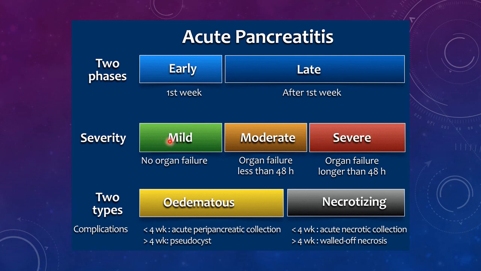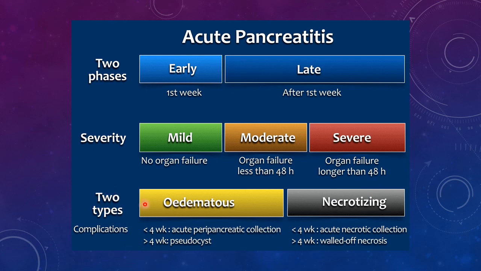Mild is when there's no organ failure, moderate when there's organ failure which recovers within 48 hours, and severe where the organ failure is longer than 48 hours, and that causes a high mortality rate.